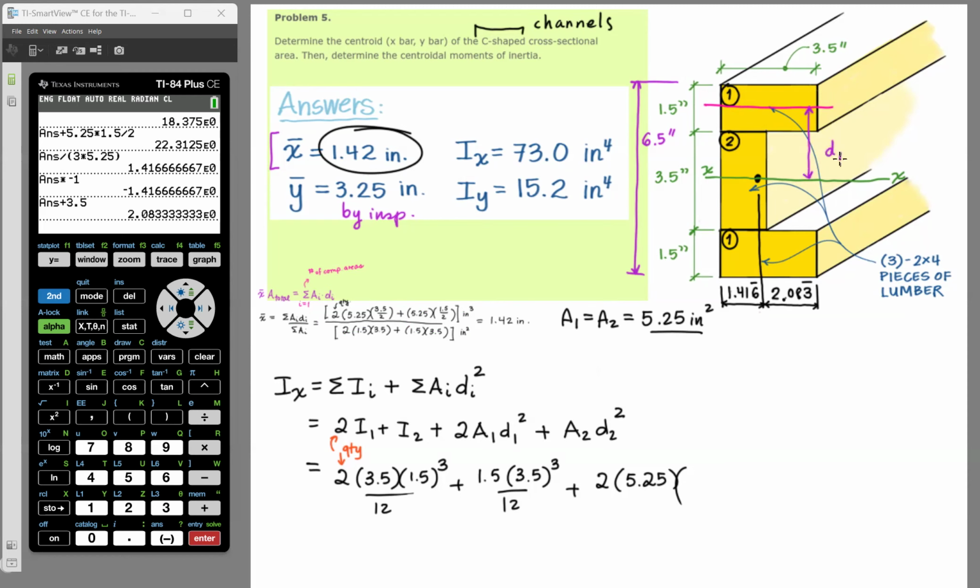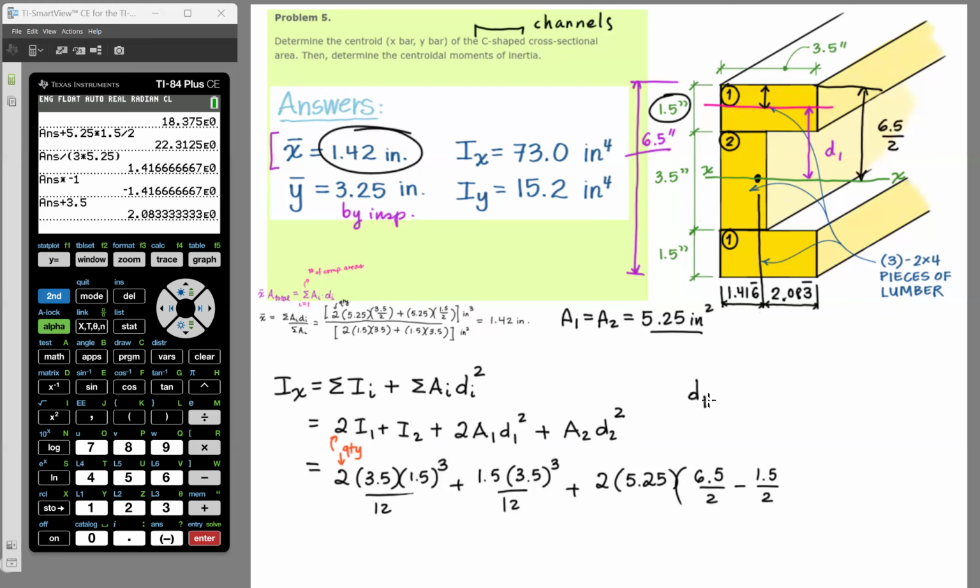Okay, what I'm going to do is take the total height of 6.5. I'm going to divide that by 2 to get this height. I'm going to subtract out half of 1.5. Okay, and that's going to be equal to D1.